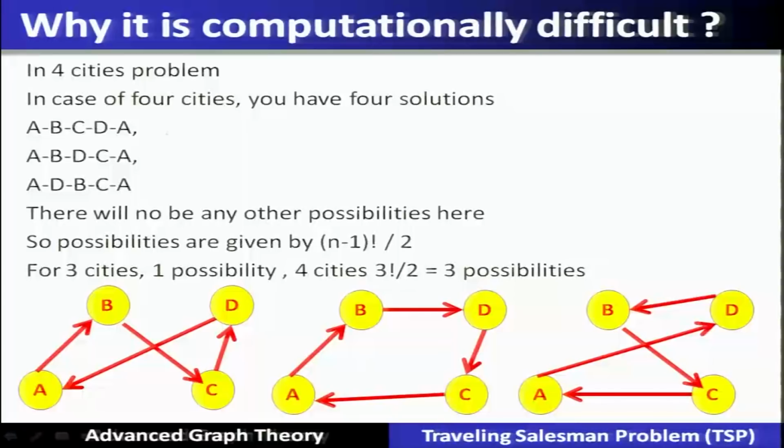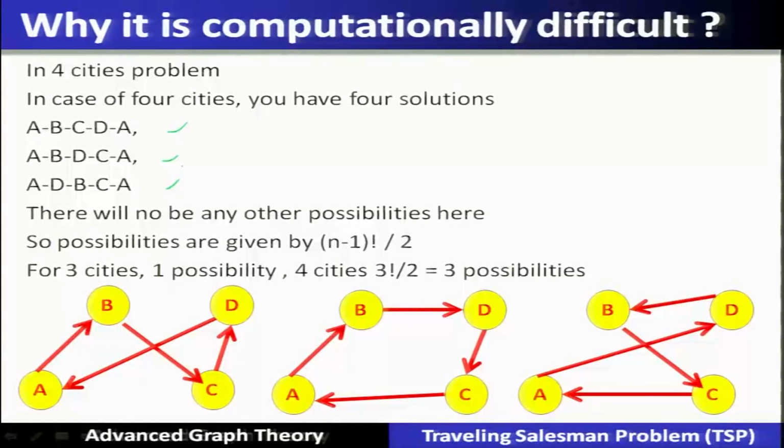Now, here we see that there are various possibilities, that means there is more than one way a traveling salesman can visit the cities and come back. Of all these different alternatives, it has to find the one with the least cost.